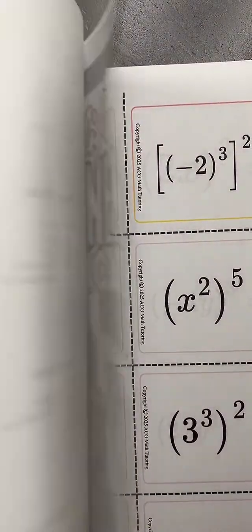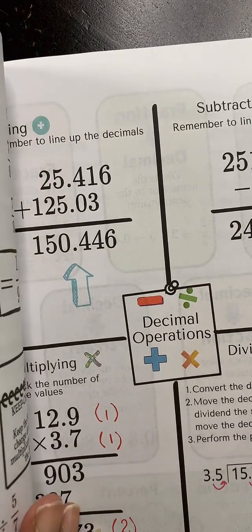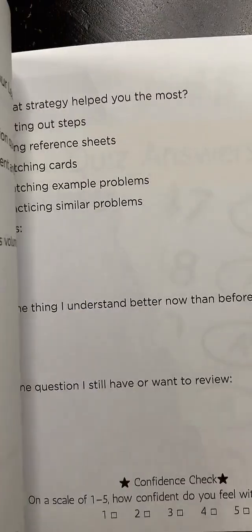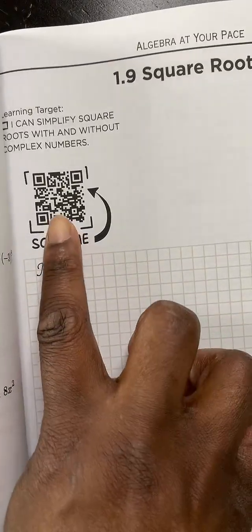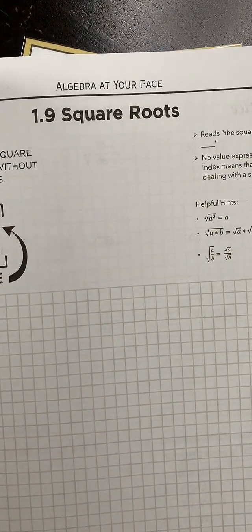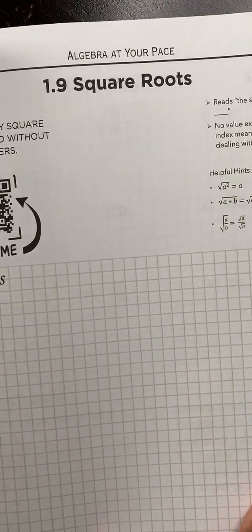Okay, it is a working notebook, and a lot of this stuff looks familiar, right? This is like a working notebook, and it gives you a lot of resources in the back. It also gives you practice problems. What you do is you scan the QR code, and it will take you directly to me instructing the problem, how to do square roots for this particular one.